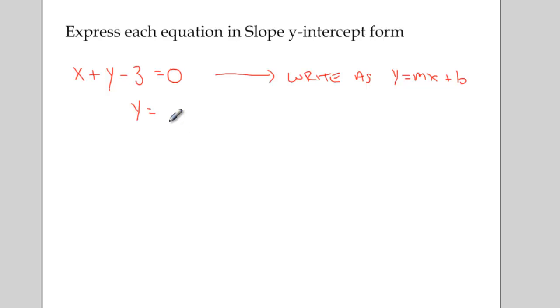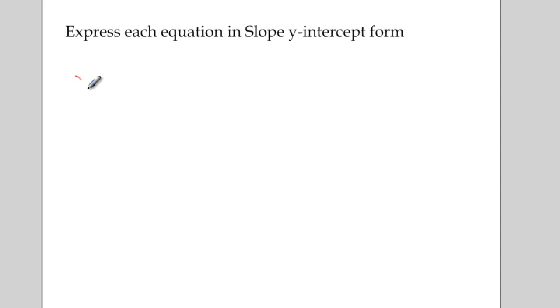When I bring x to the other side of the equal sign, it becomes negative x. When I bring negative 3 to the other side of the equal sign, it becomes positive 3. And now if the question was to graph this, I could quickly see that the slope of this equation is negative 1, and the y-intercept is positive 3. Let's try another one.